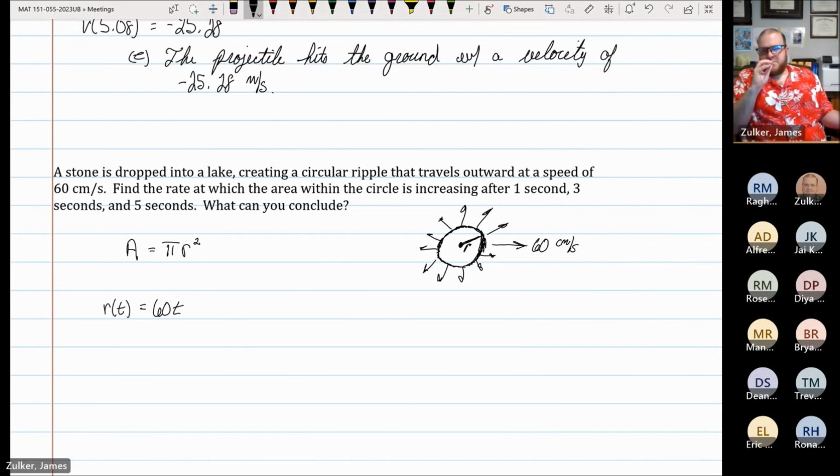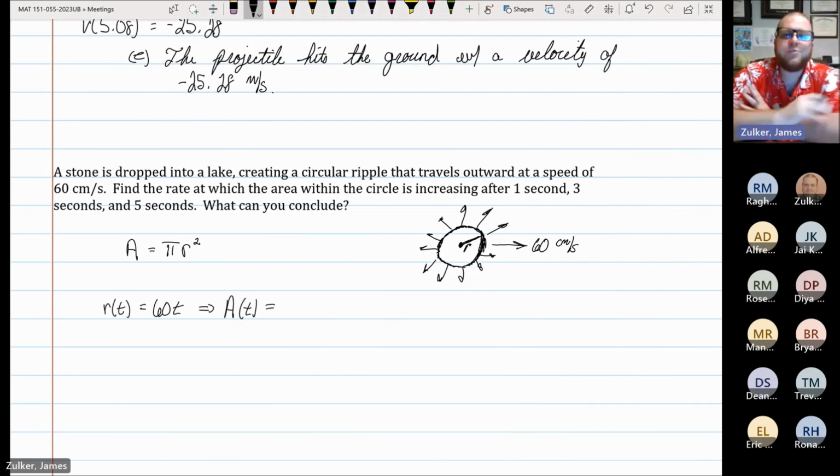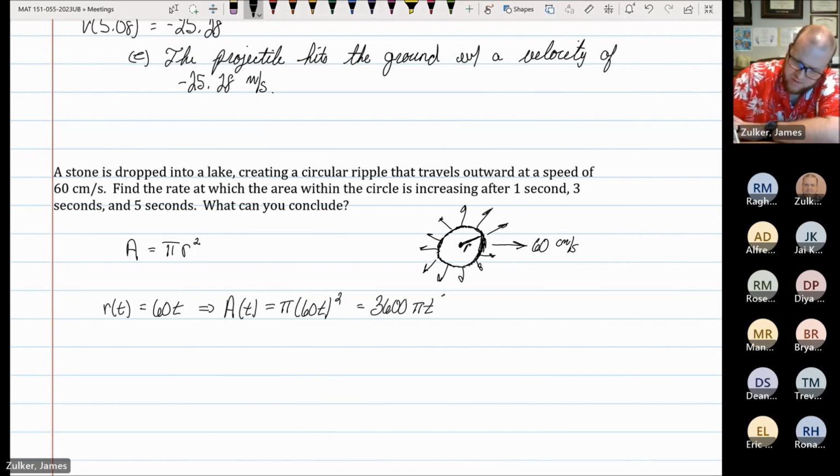Right? This allows us to write area now as a function of time instead of a function of the radius. Area is 3600 pi t squared.